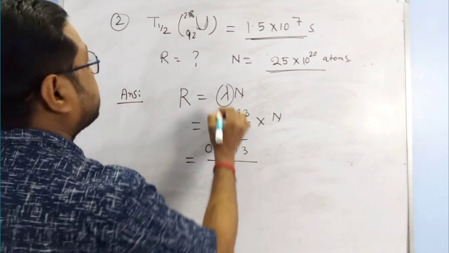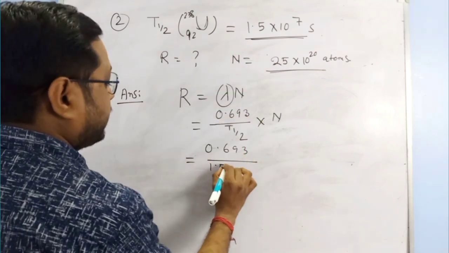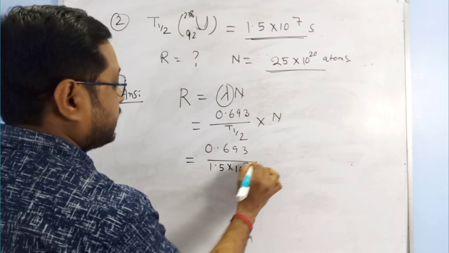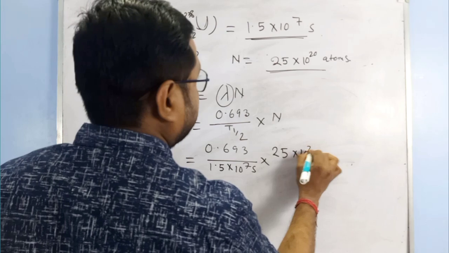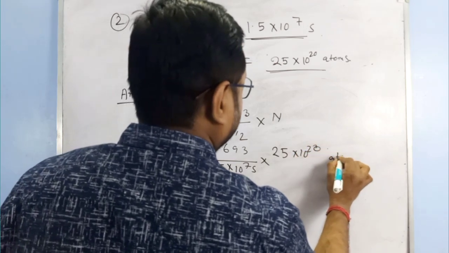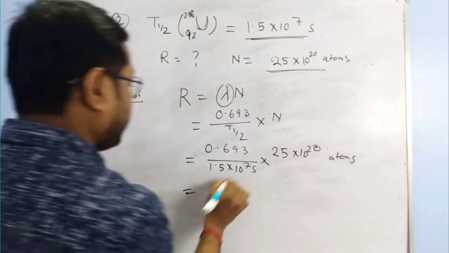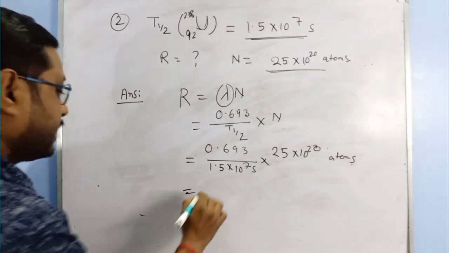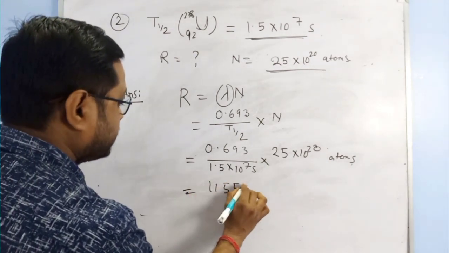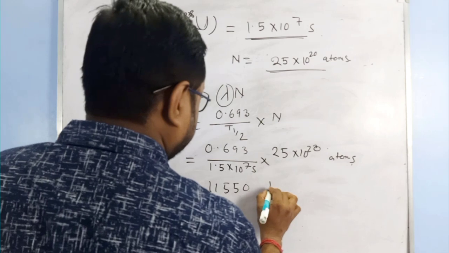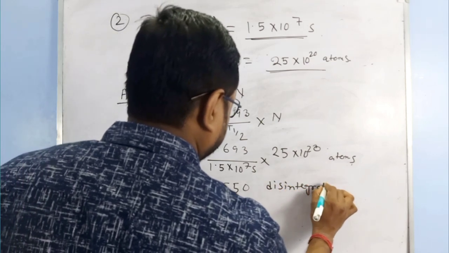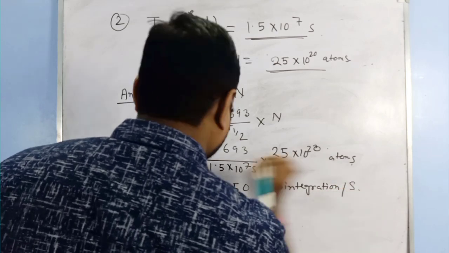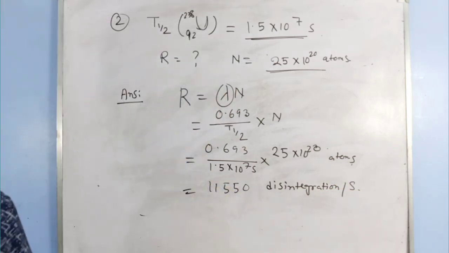So here T half is given 1.5 into 10 to the power 7 seconds, and the total number of atoms is 25 into 10 to the power 20 atoms. If we put it in a calculator, we get 11,550 disintegrations per second.